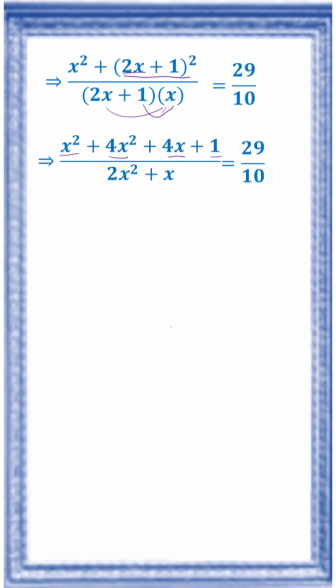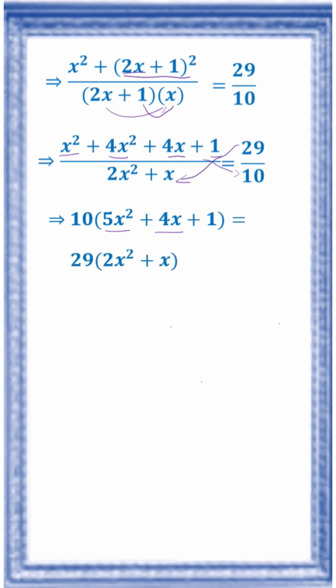Now x square plus 4x square, that is 5x square in the numerator. Let us cross multiply. 10 into (5x square plus 4x plus 1) is equal to 29 into (2x square plus x).